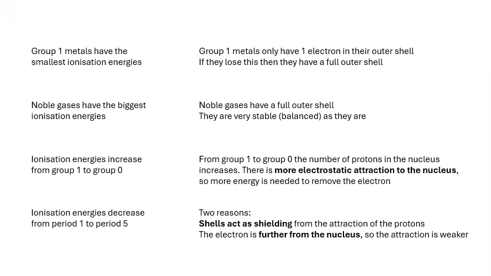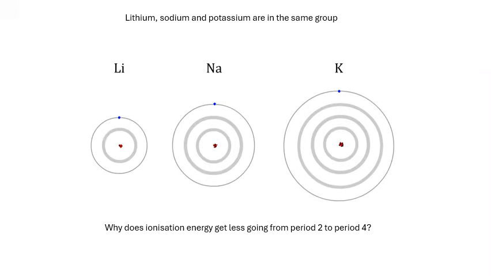Also, as you go from period 1 to period 5, there are more and more shells, and also the electron is further from the nucleus, so the attraction is weaker because the distance is bigger. Just on that last point, if you look at this, lithium, sodium, potassium, they're all in group 1, but can you see why it is going to be easier to take away the potassium electron than the sodium?